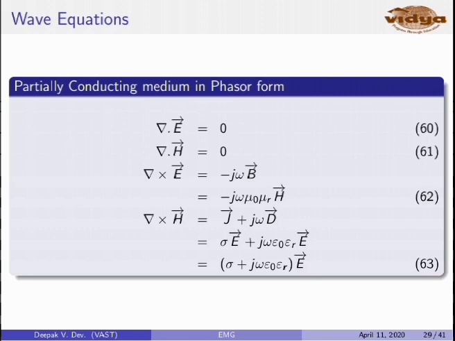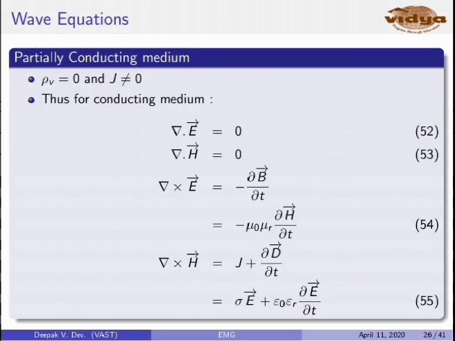That is shown here. Here del dot E is equal to 0. It is similar to here. Del dot E is equal to 0, del dot H is equal to 0.